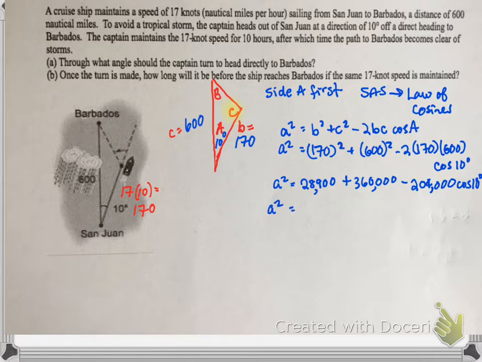A squared equals, now I'm going to add these two together, which is 28,900 plus 360,000, and when I do, I get 388,900, and then if I multiply 204,000 times cosine of 10, I get 200,900.7816.